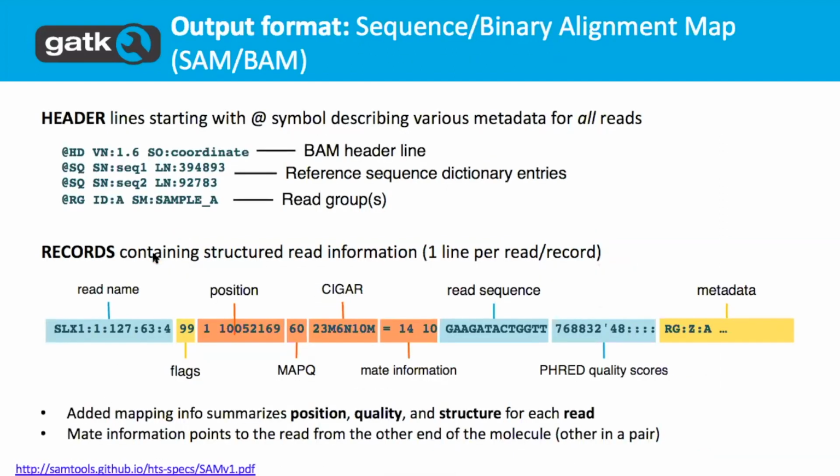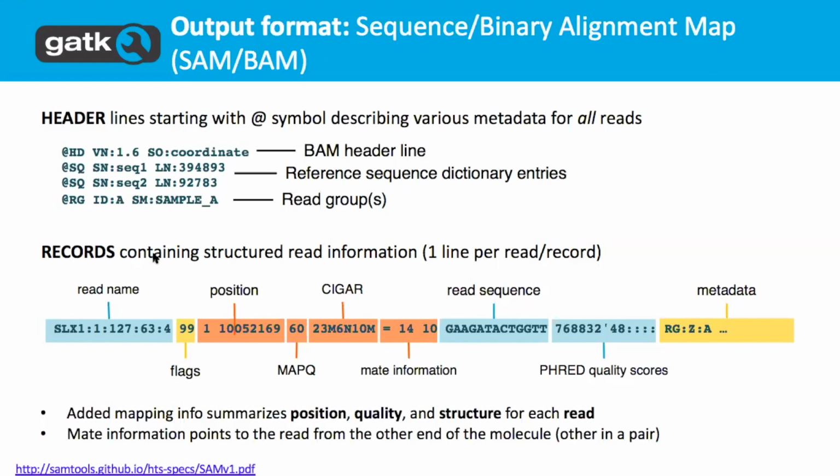The output of your alignment is a SAM file, and the binary version of a SAM file is a BAM file. This file format has two sections. There's the header, which is common to all the reads in that sample, and then there are records, which are unique to each read.